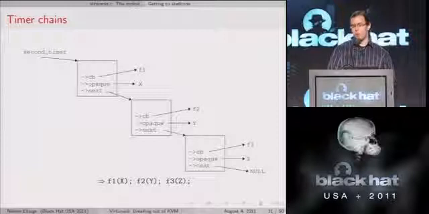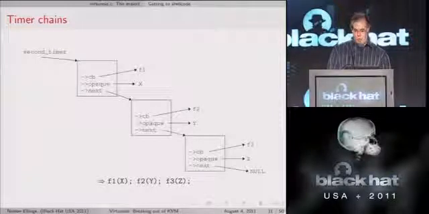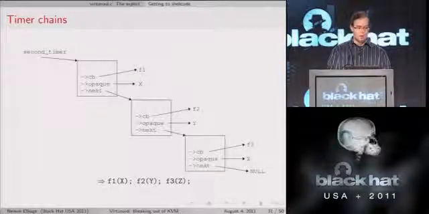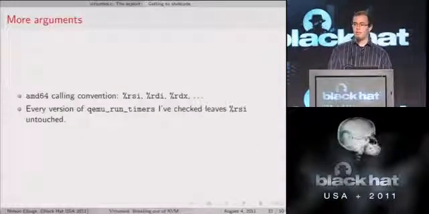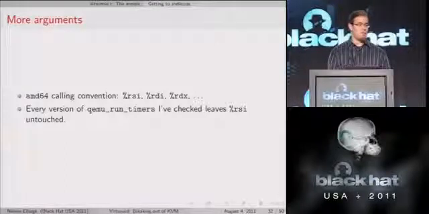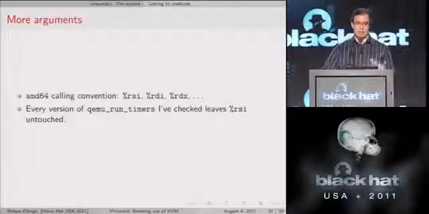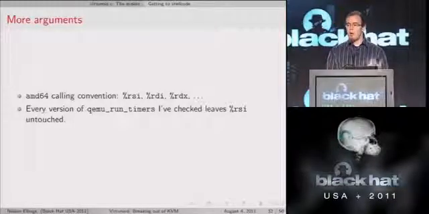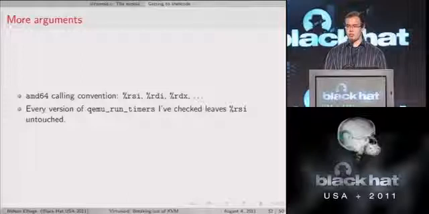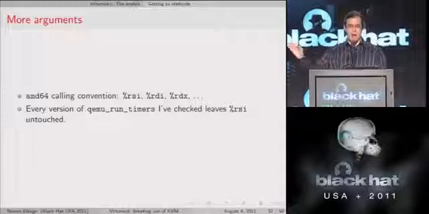All right, so one-argument function calls are cool, and we could try to do something ROP-like with that. But really what we want to do is call something like mprotect, which needs a couple of arguments. So to expand to calling functions with several arguments in the host, we're going to need a little bit more cleverness. We're going to have to learn a little bit about the AMD64 calling convention. On AMD64 Linux, the SysV ABI, we pass integer and pointer arguments in registers. They go in RDI, RSI, RDX, and then a bunch more, up to 6 of them.